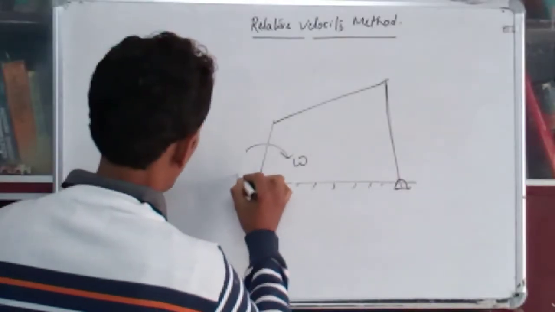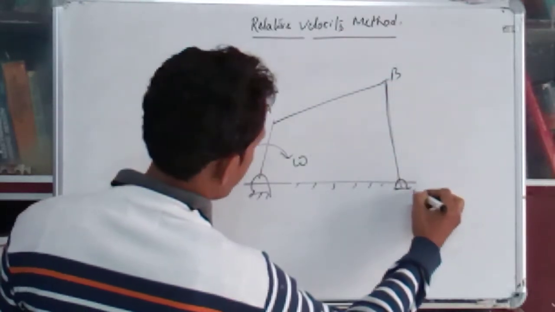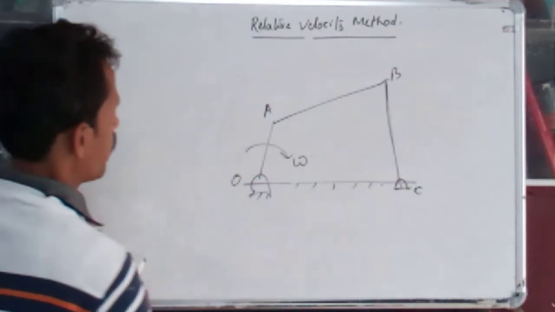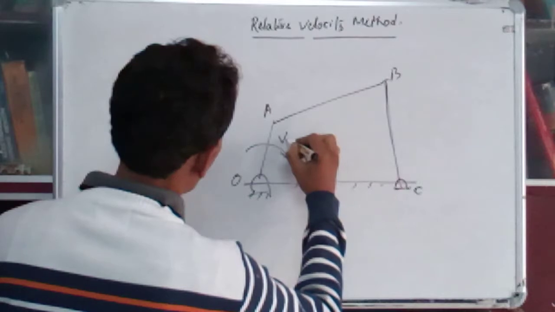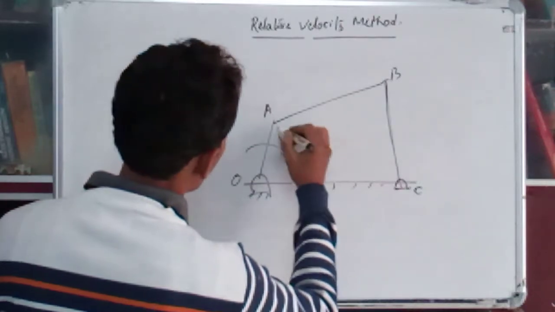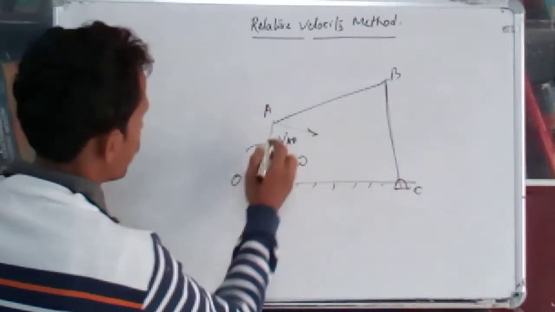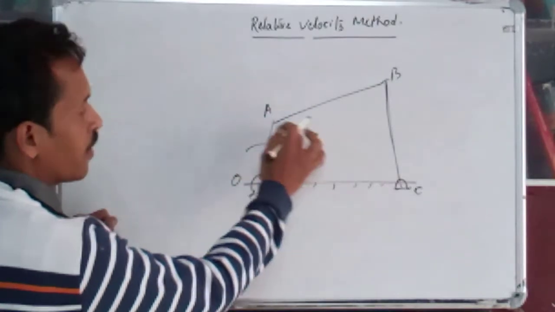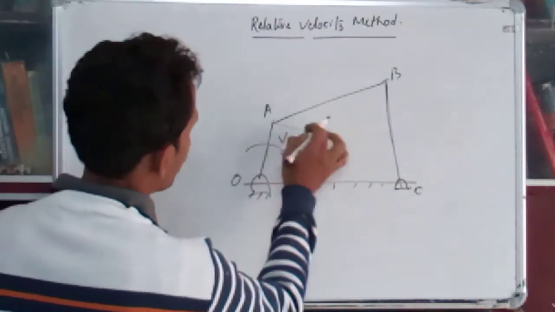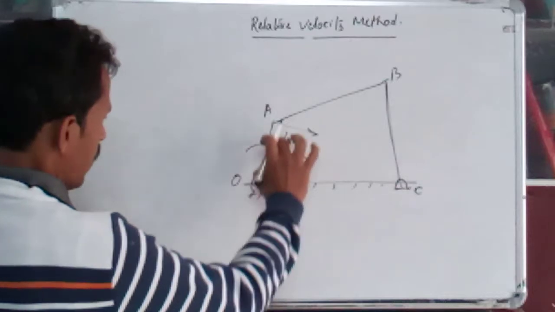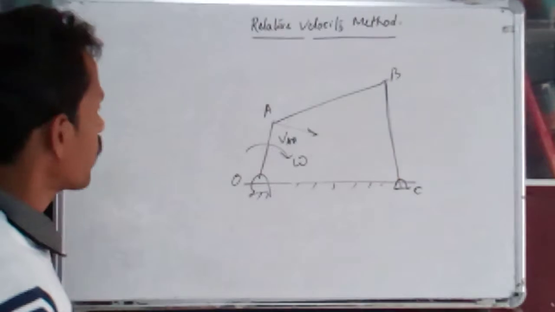Suppose the points are O, A, B, C. VA is there. Suppose it is known with some angular velocity. Because this length is known and omega is known, we can find out the velocity VA, that is known.